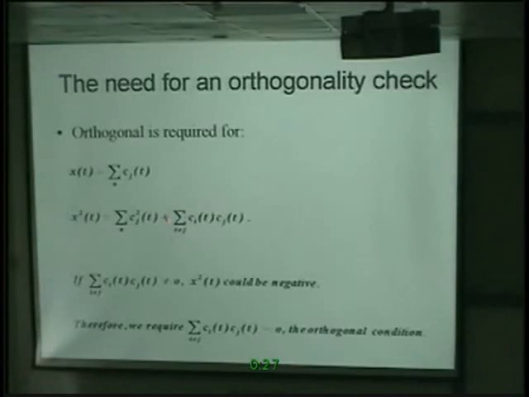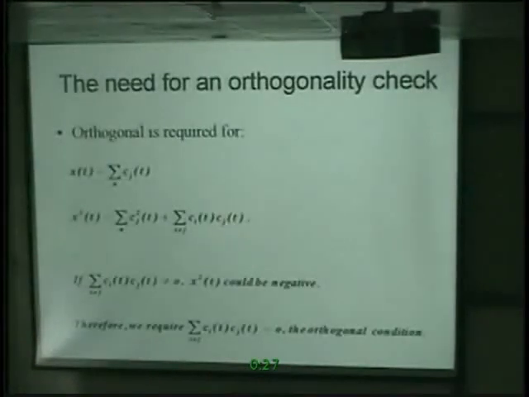Why does orthogonality require this term to be identically 0? See, if this is not 0, the problem is that it can be either positive or negative. And if it can be positive or negative, then the probability that it's negative is very high, and the probability of it being very large is also pretty high.